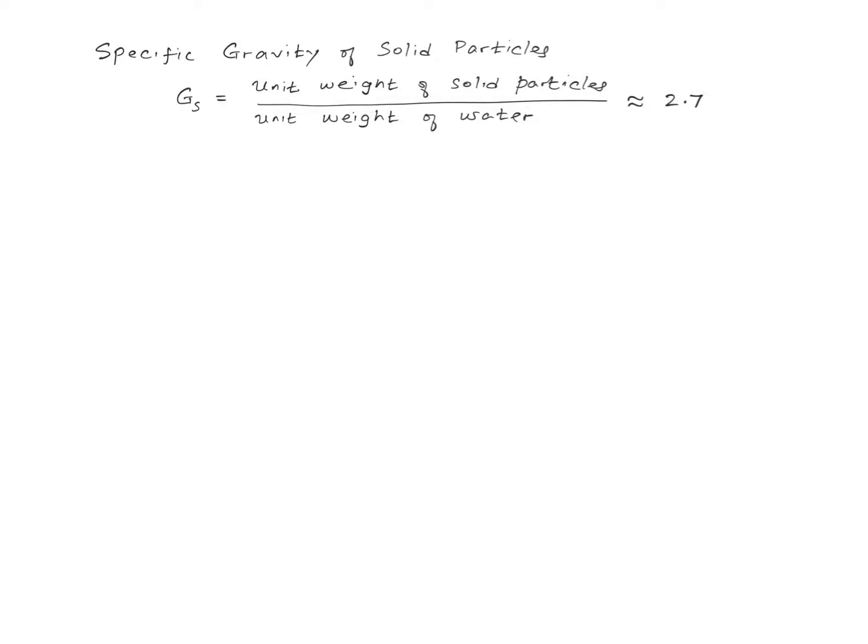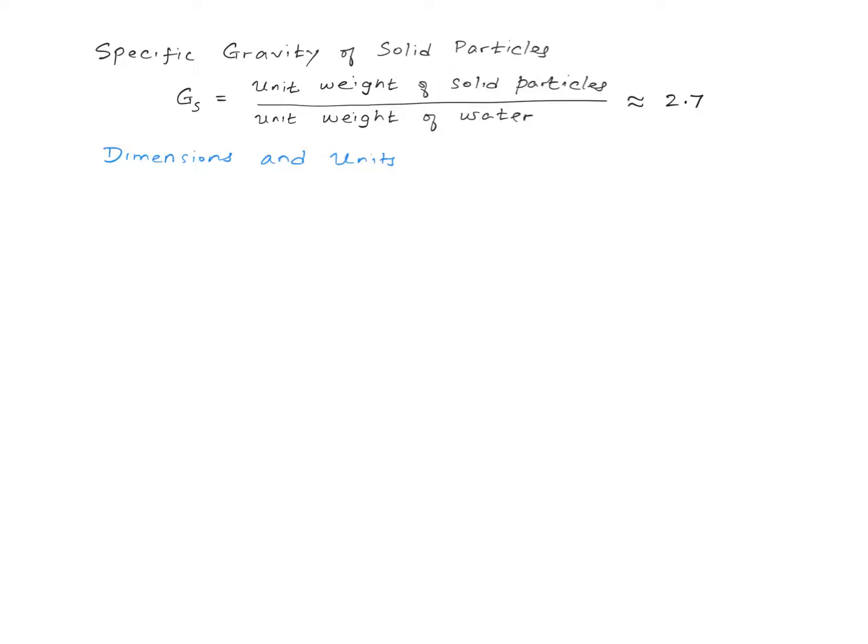The specific gravity of solid particles is defined as the ratio between the unit weight of solid particle and the unit weight of water. This is the notation that I will use for specific gravity of solid, G sub S, S for solid particle. The average value of specific gravity for solid particles is about 2.7. It could be a little less, it could be a little more, but if you don't have a good value, you can always assume this to be about 2.7.